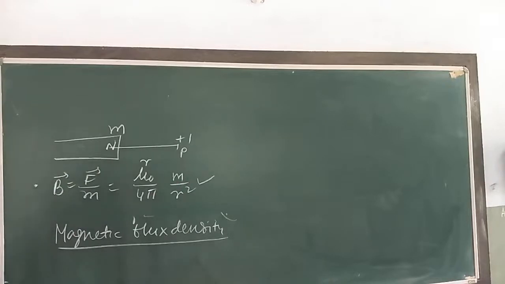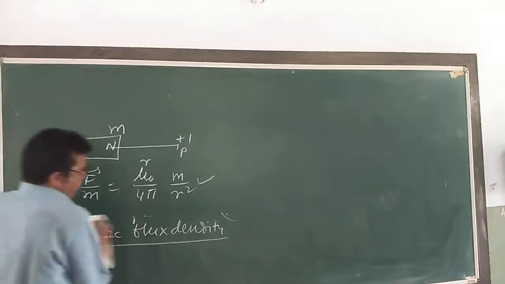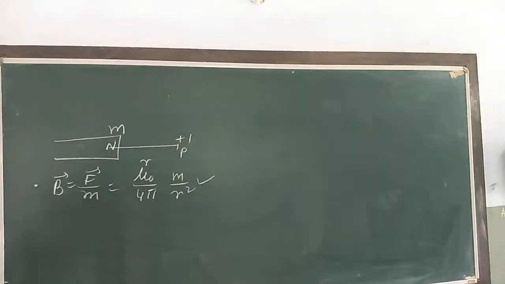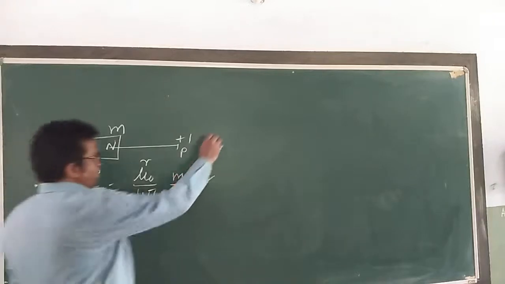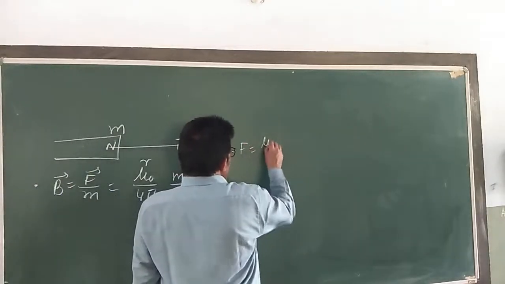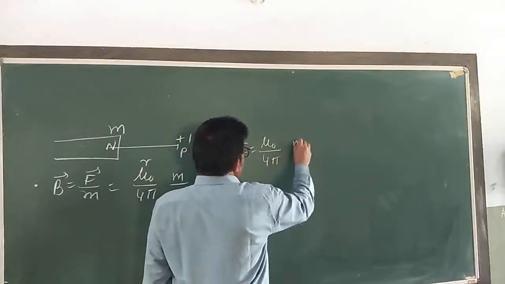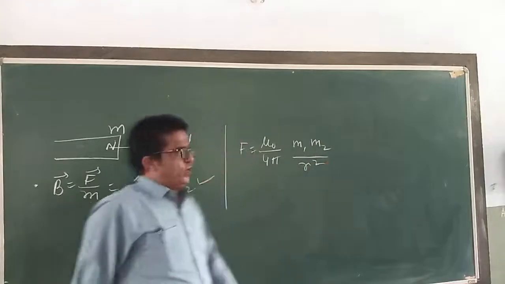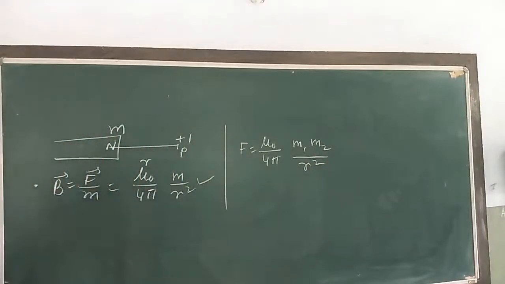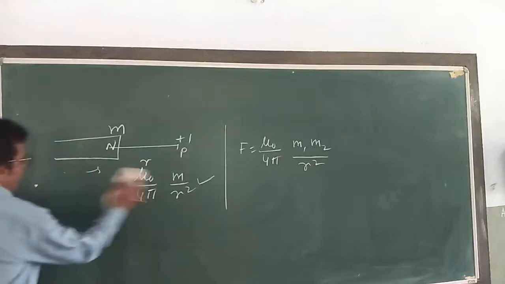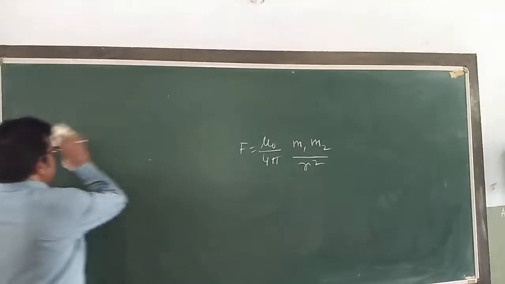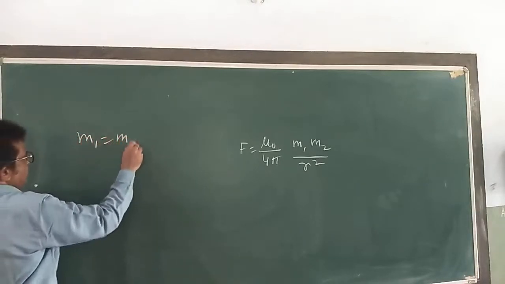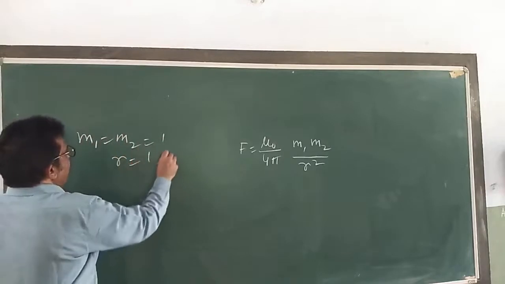Then I want to explain what you mean by pole strength. What is pole strength? According to Coulomb's law, F is equal to mu naught upon 4 pi M1 M2 divided by R square. Suppose the values of M1 and M2 are 1, and the distance between them is 1 meter.